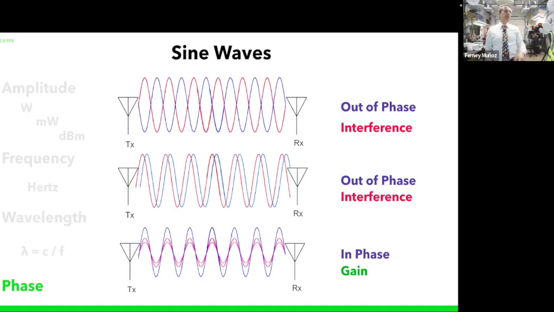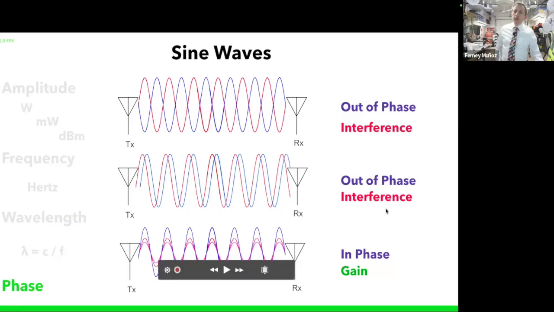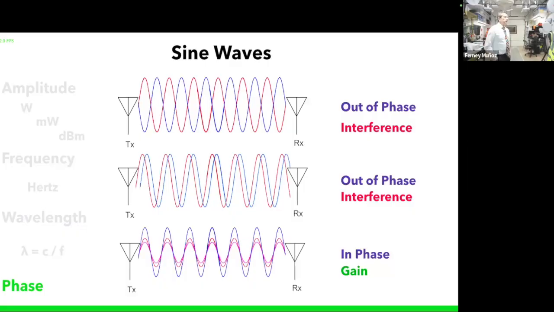Now the phase, this is not a characteristic of one wave, but a relation between multiple waves. We'll talk about this later, but in summary, waves that are in phase produce a gain, and waves that are transmitted out of phase have a negative effect, interference. They basically destruct these communications.